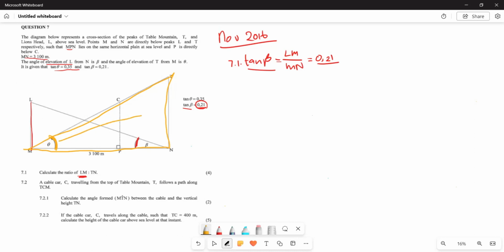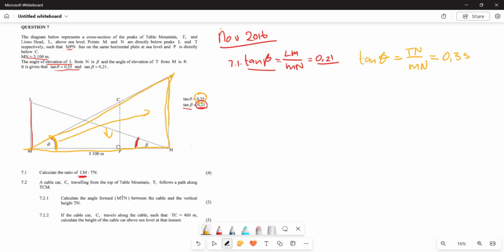Remember tan is opposite over adjacent. So your tan of theta for this one is going to be: the opposite side is TN, divided by the adjacent side, which is your MN. Remember you are given that tan of theta is 0.35, so this ratio is given by 0.35.